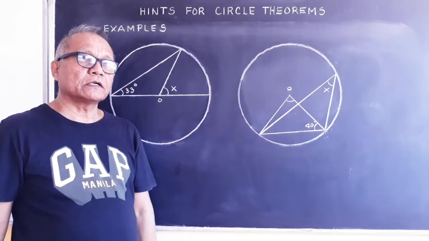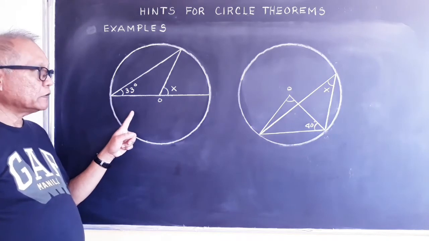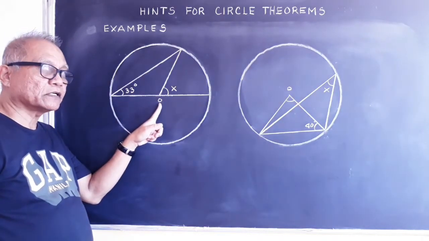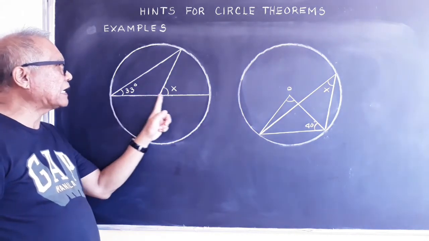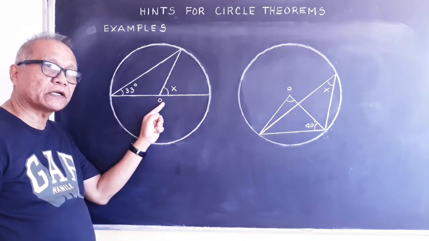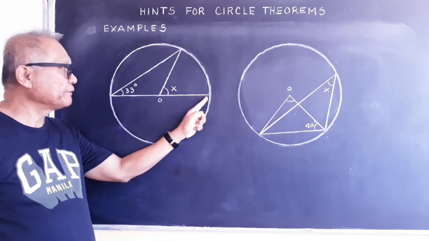So let's have some examples here, class. So here, look at the center of our circle as a point O, and there is a line or a chord that is passing through our center. Therefore, this is the diameter.